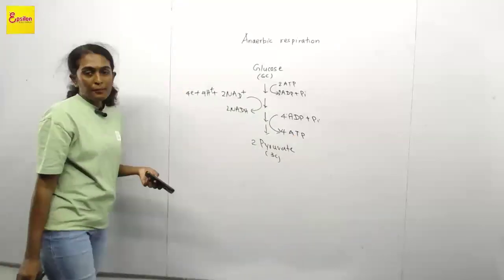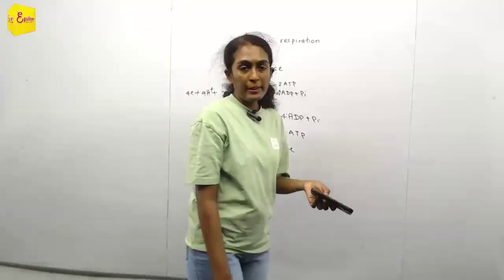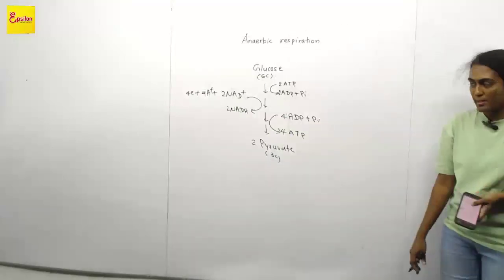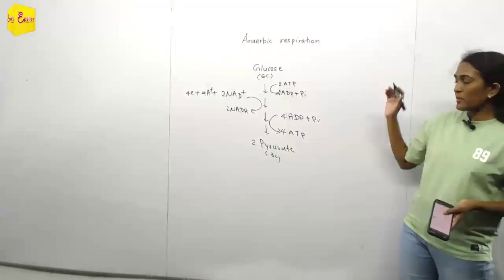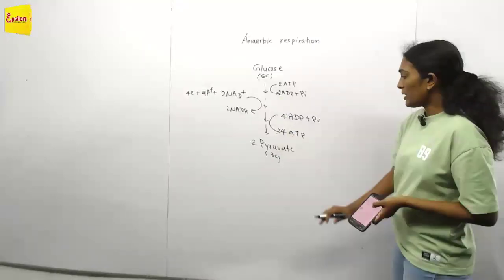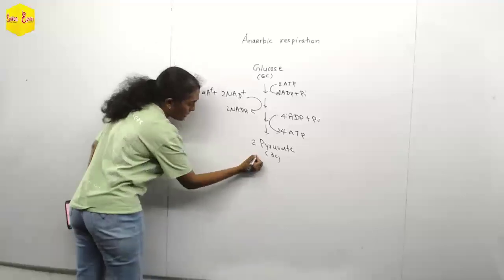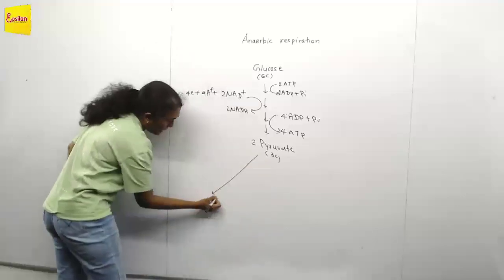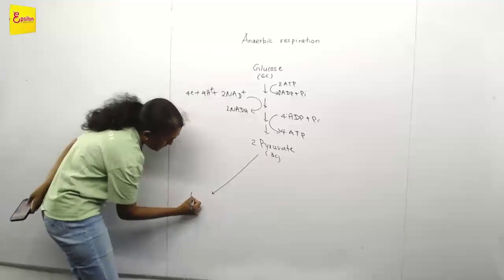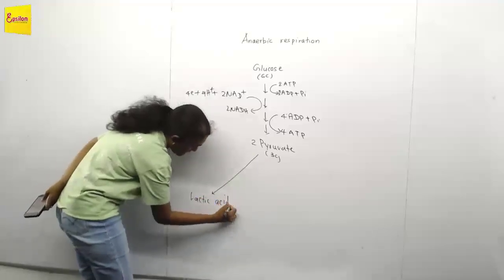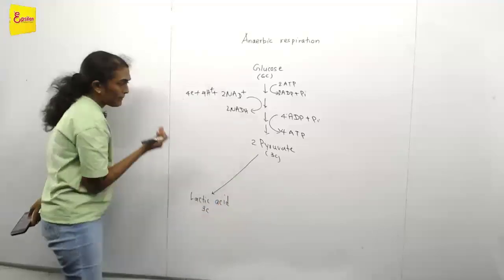So in the presence of oxygen, what will happen to the pyruvate? That is transported to the mitochondrial matrix. Now here, since there is no oxygen, this is not going to be transported into the mitochondrial matrix. In one pathway, pyruvate is converted into lactic acid, which is a 3-carbon compound again.